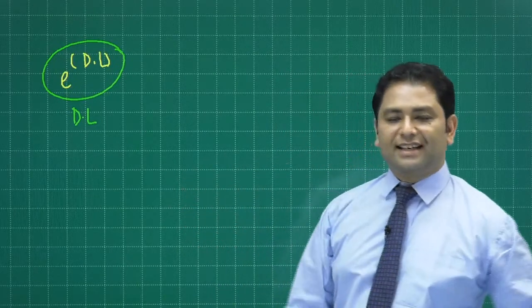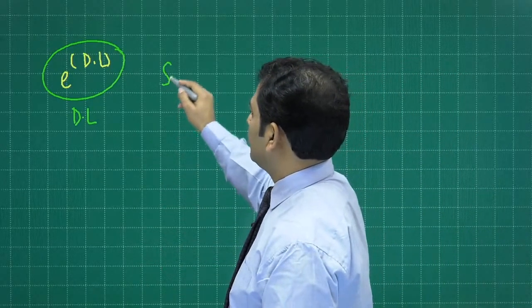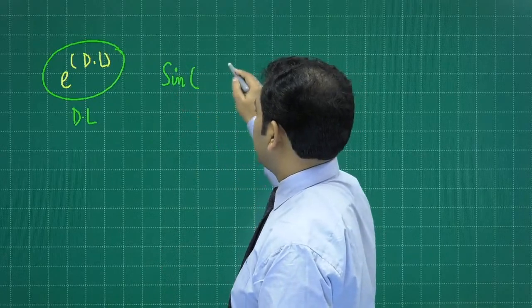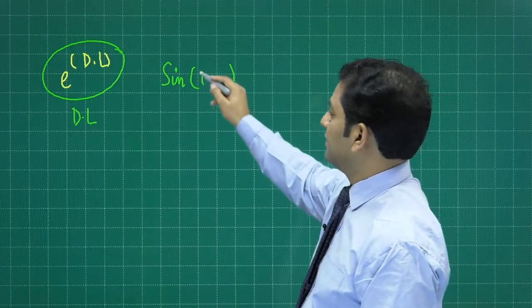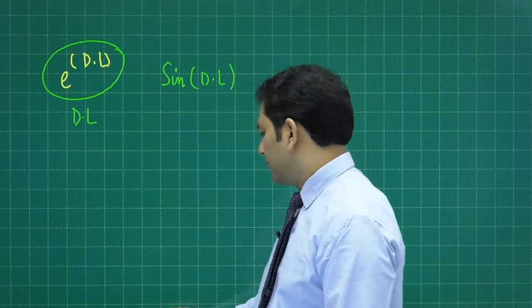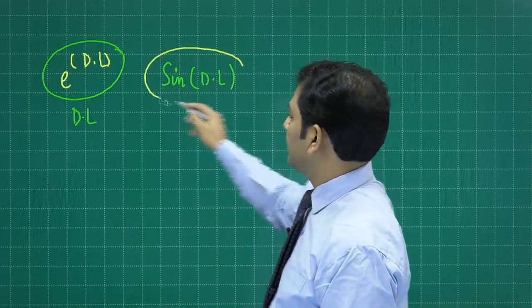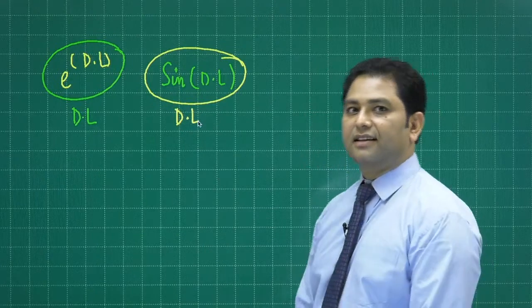A little bit of understanding is all we require. Similarly, you talk of sine, cos, tan, anything, because what comes inside is the angle, that will also be dimensionless. And likewise, the entire value of sine will also be dimensionless.